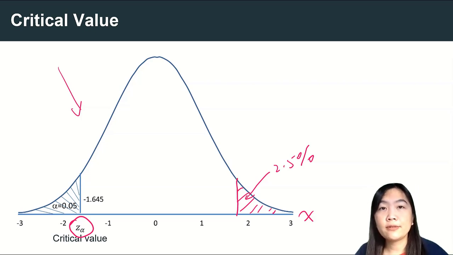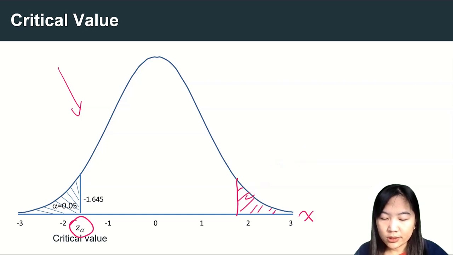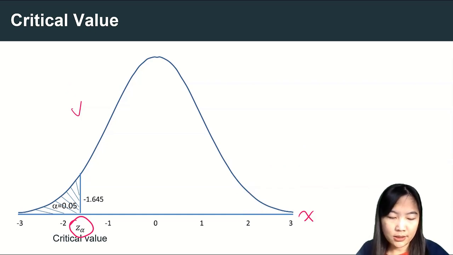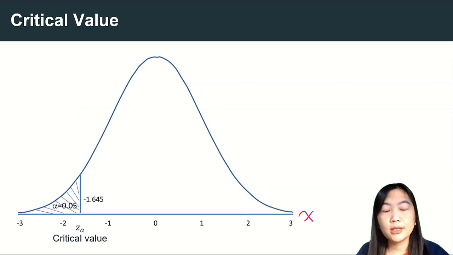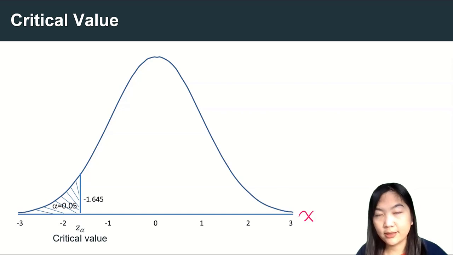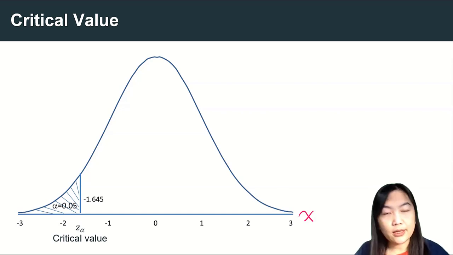That's when you are having a two-sided test. And in this course, we're not interested in that. We're only interested in this left-tailed test. So you don't need to worry about that. But just in case you're confused, that's the difference there.